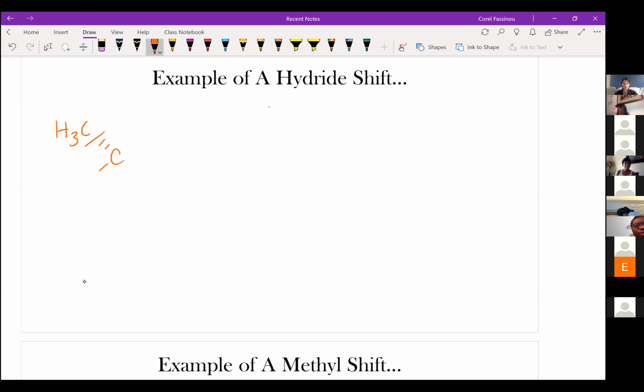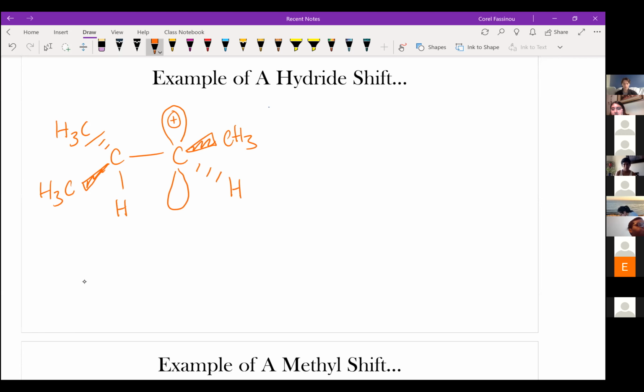We have another methyl group attached right here, a hydrogen right here. And then we're going to continue this with a CH3 and H, and then we have our empty p orbital right here where that positive charge is.